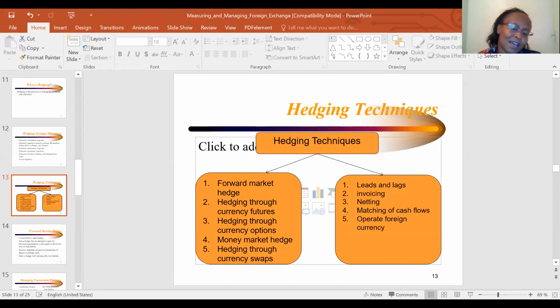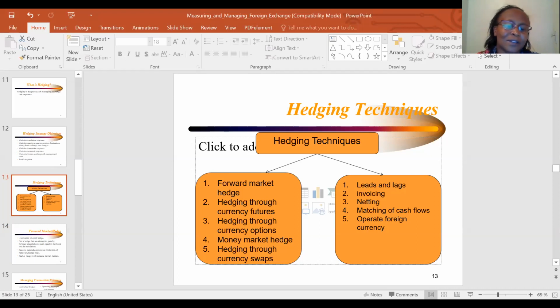So the first derivative we are going to discuss is forward market hedge. Anyone can remind us what is a forward exchange rate? Because we talked of spot exchange rate, forward exchange rate, and the cross exchange rate. Someone to remind us, what do we mean by forward exchange rate?